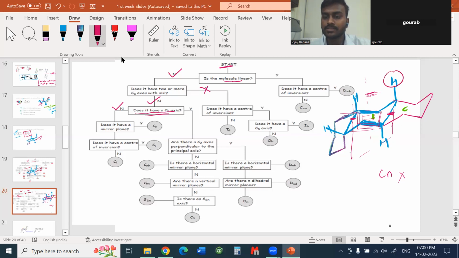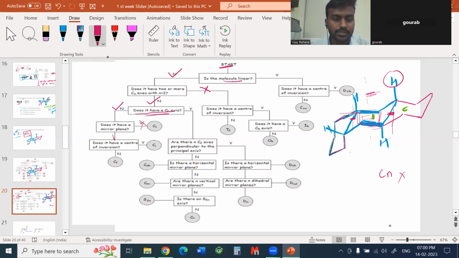This hydrogen is the upper one, this hydrogen is the lower one, and it doesn't have any kind of plane. So this one is wrong. We will not go that direction.